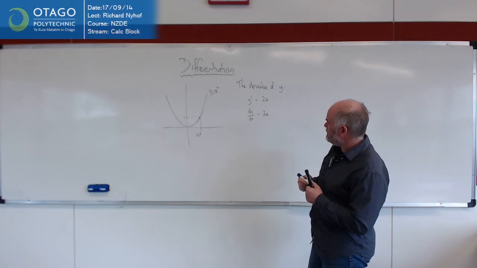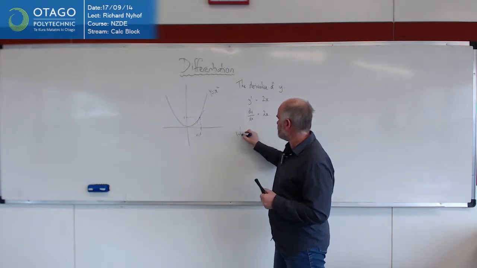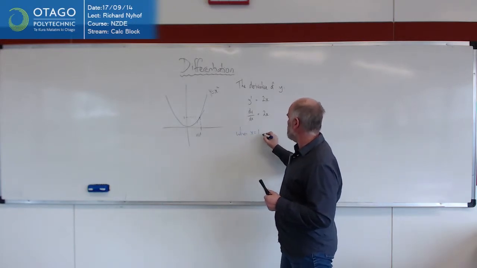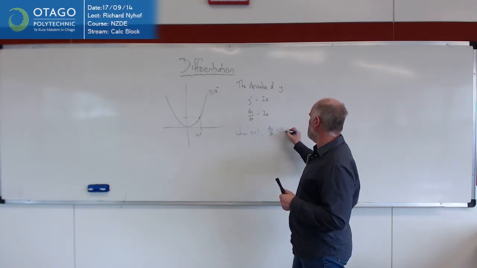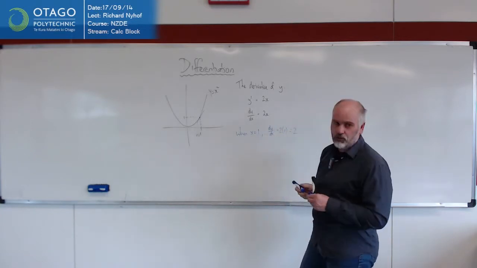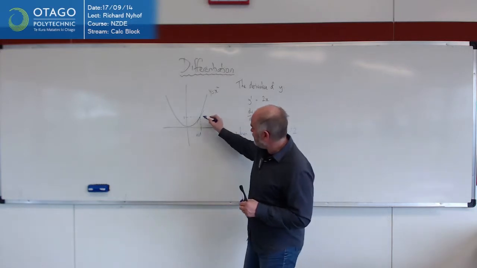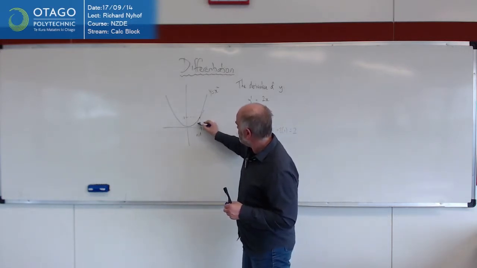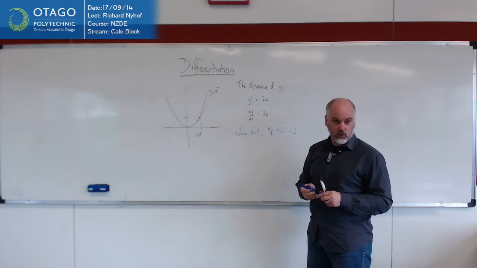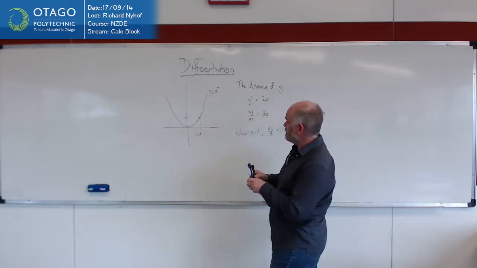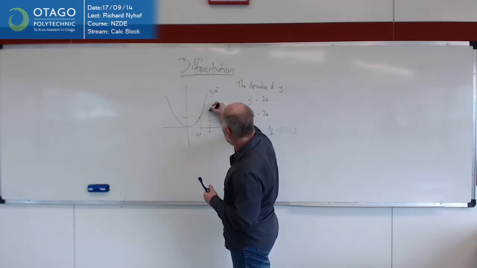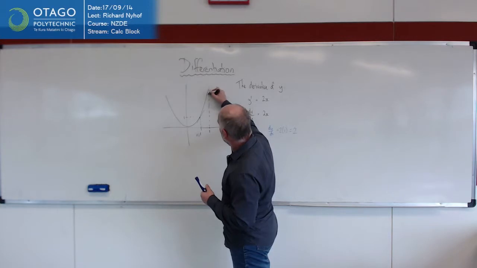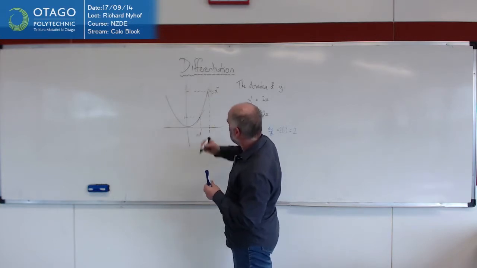But what that means is that when x equals 1, the slope, dy by dx, is equal to 2 lots of 1, which is 2. So at this point here, the slope is equal to 2. If we carry on a bit further, so if we take another point, say x equals 2, my diagram's not really drawn to scale here, you can see that up here, it's clearly got a lot steeper.